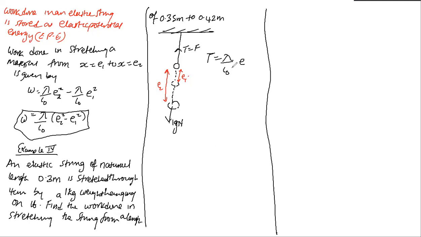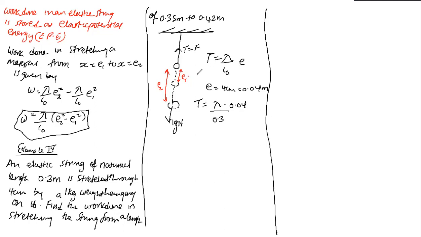In the first case, they say it was stretched through 4 centimeters. So E is equal to 4 centimeters, which is 0.04 meters. So tension would be lambda, which we don't know, times 0.04 divided by the original length, which was 0.3 meters.